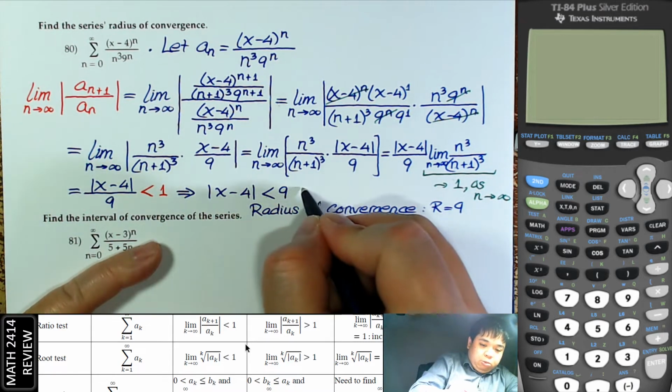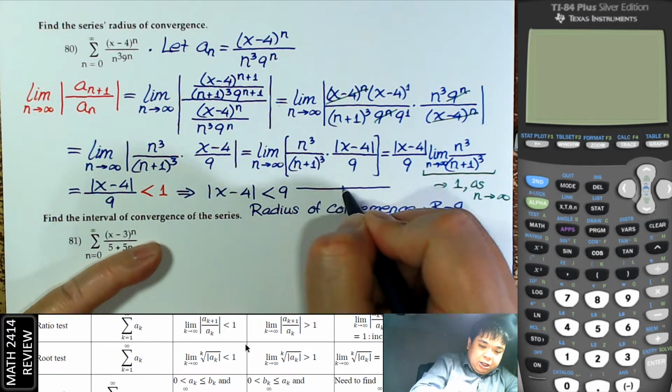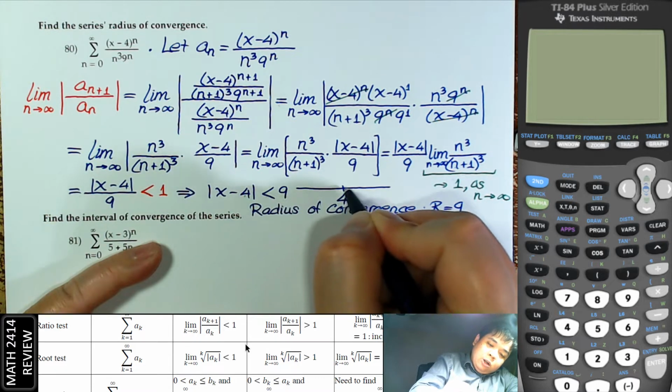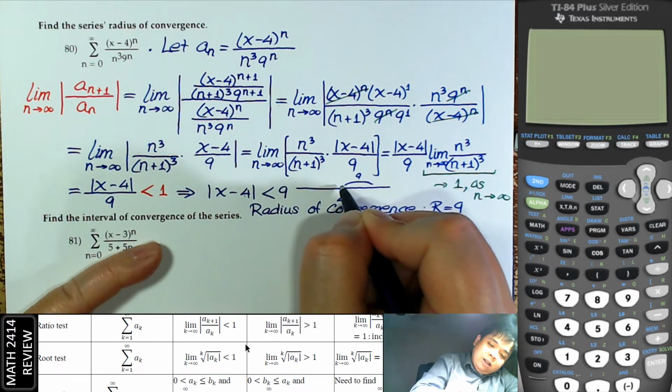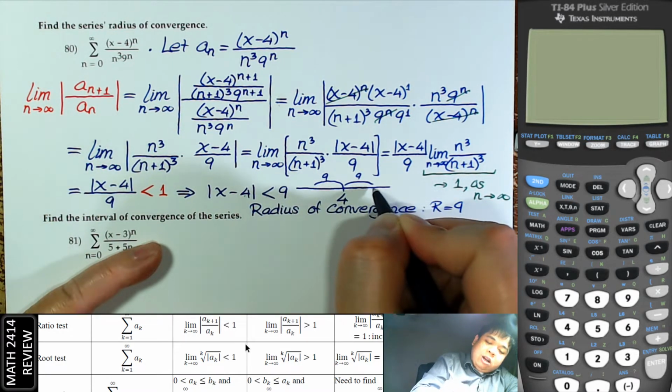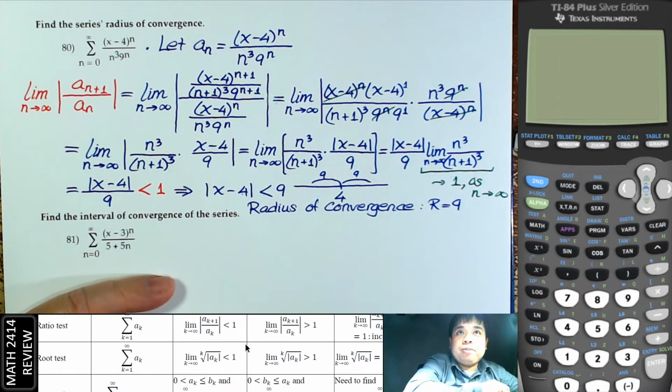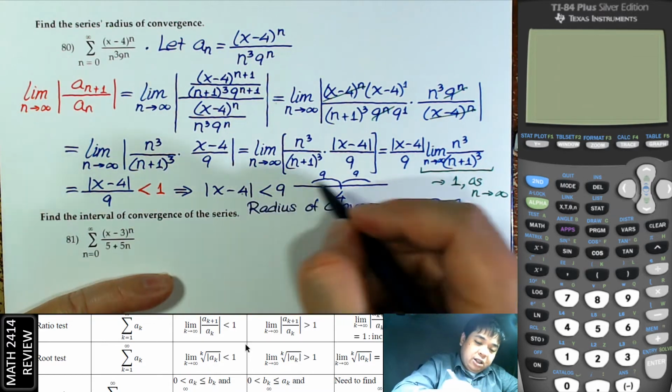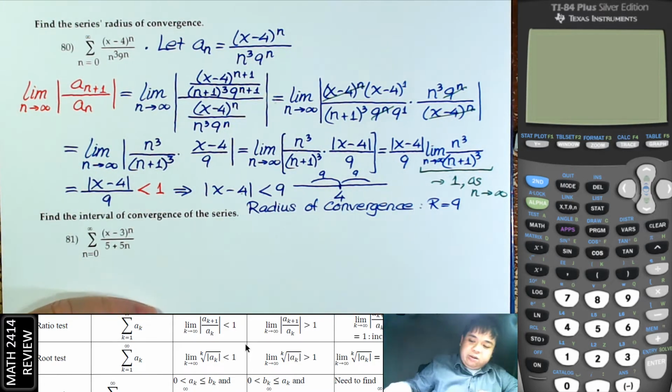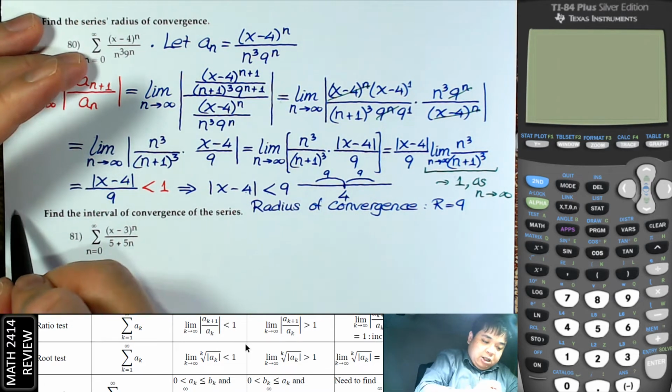If we want to find where it is, it is centered at 4, so we go 9 to the left and then 9 to the right. That gives us positive 13 and negative 5. The 4 is the center. But this question only asks for the radius of convergence, so that's what we do.